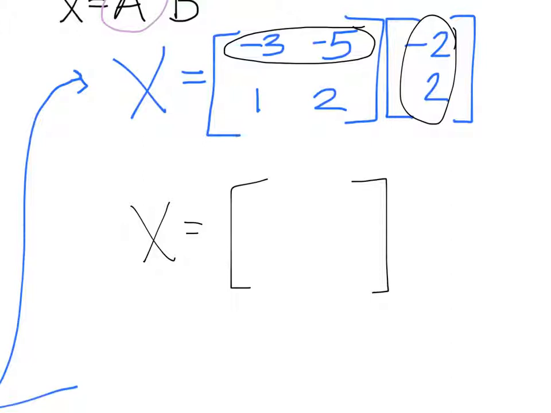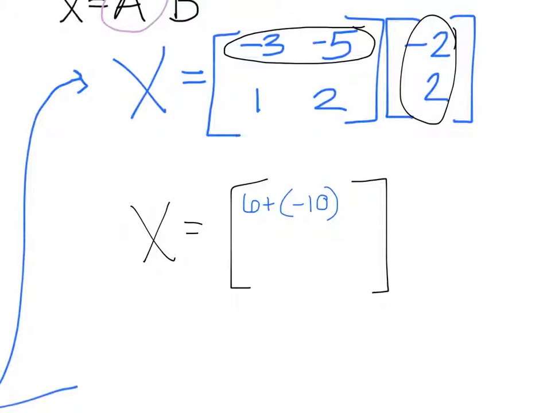Negative 3 and negative 2. So what do those make? Positive 6, plus what do we get out of the next 2 numbers? Negative 10.